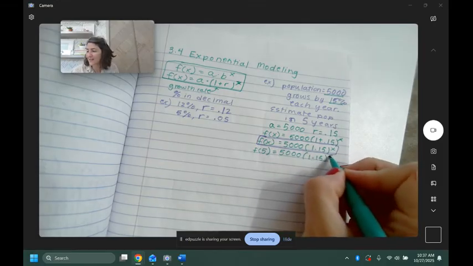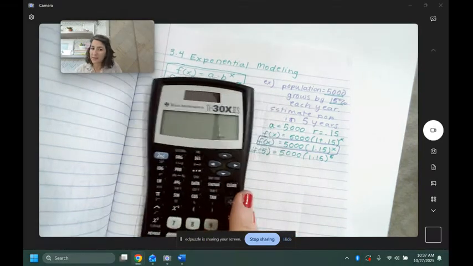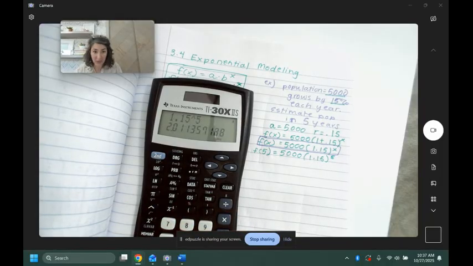1.15 raised to the 5. Remember, with PEMDAS, I always need to do my exponent first. So I really like to do this separately. I'll do 1.15 raised to the 5, enter, and then multiply that times 5,000.